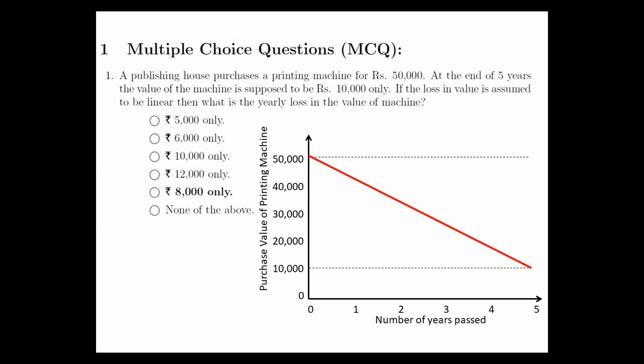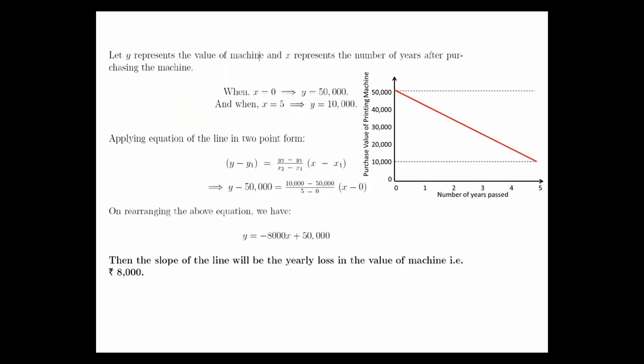Now, the y-axis represents the value of the machine and the x-axis represents the number of years. At x equals 0, y equals 50,000, and at x equals 5, y equals 10,000. That is actually shown in the solution.